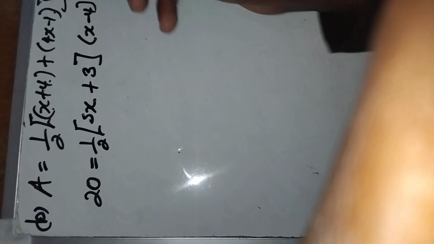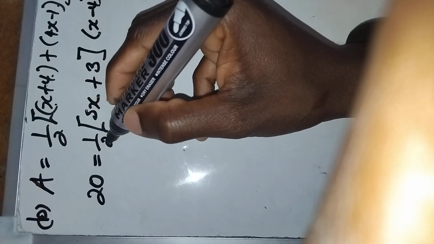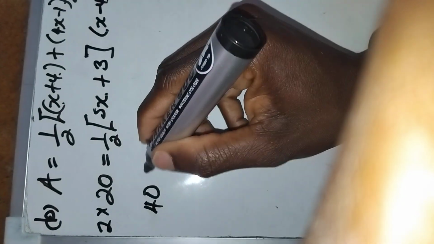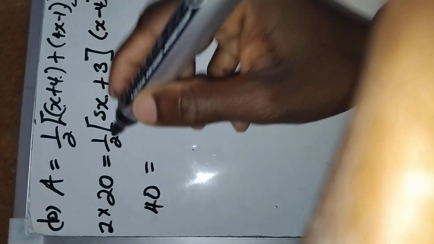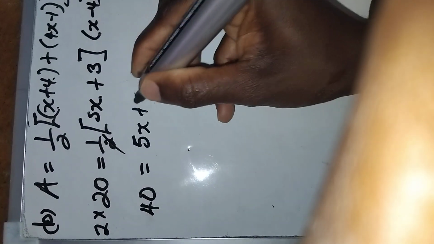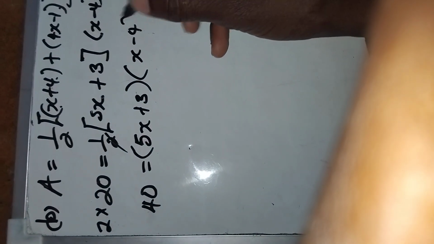Cross multiply both sides by 2 to clear the fraction. Multiply by 2, so we get 40. 2 times 20 is 40, equal to 5x plus 3 times x minus 4.